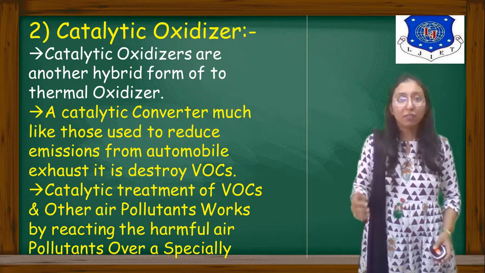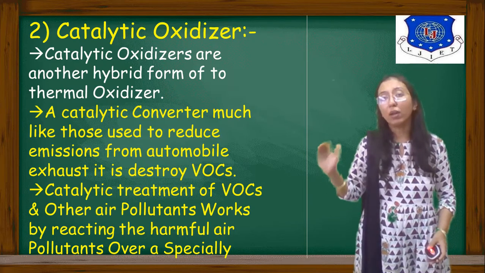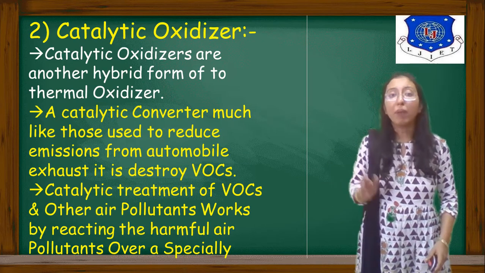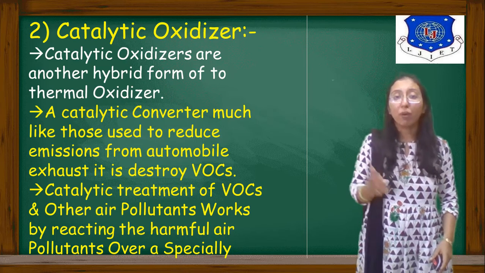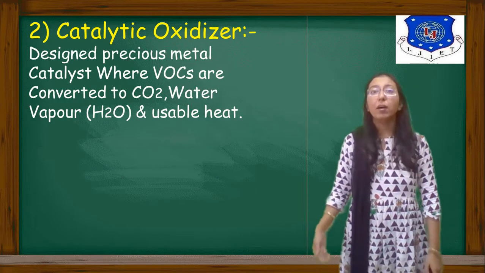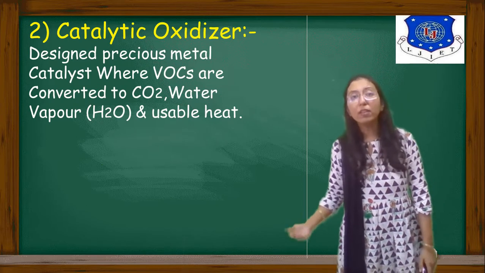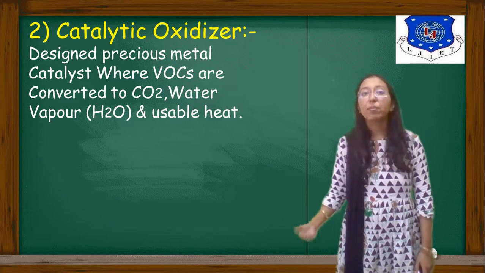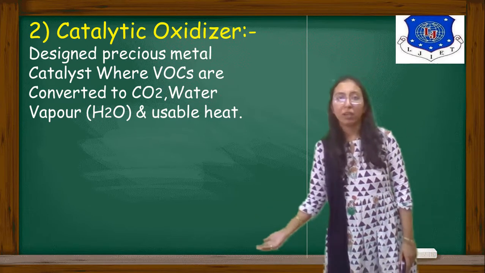Next, catalytic treatment of volatile organic compounds and other air pollutants works by reacting the harmful air pollutants over a specially designed precious metal catalyst, where VOCs are converted to carbon dioxide, water vapor, H2O, and usable heat.